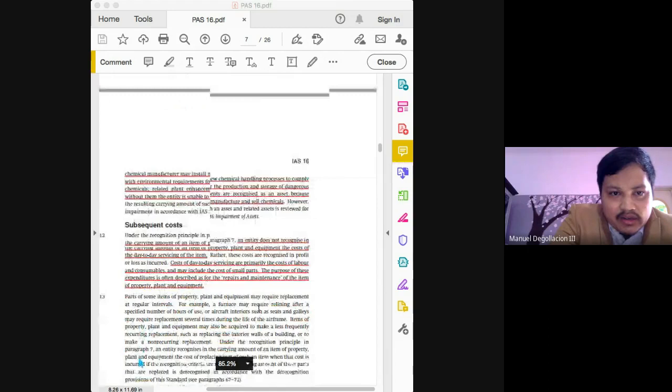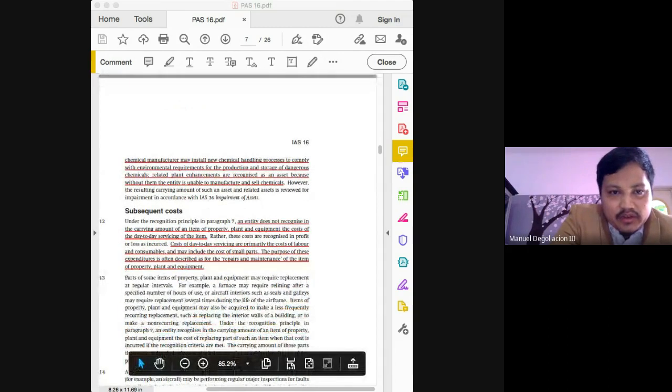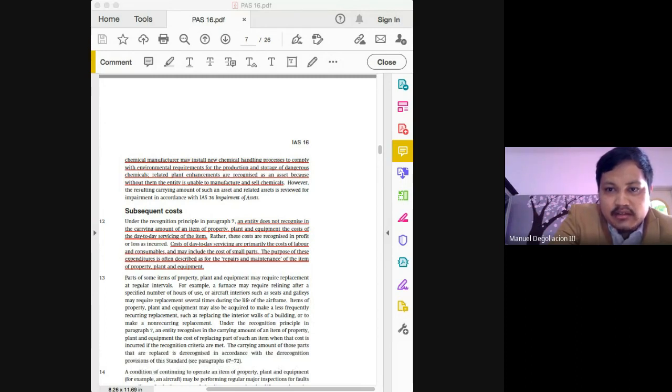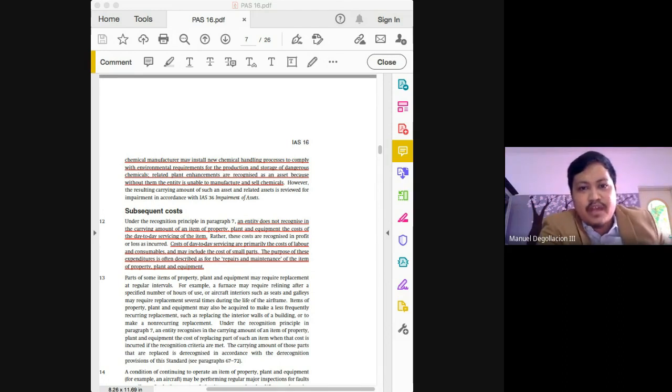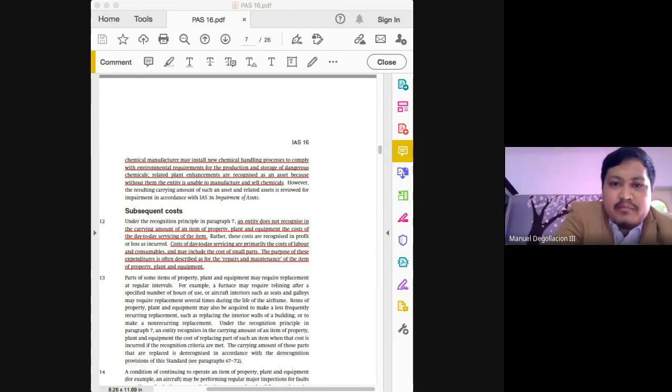Okay, we've touched already on the rule for subsequent costs. An entity does not recognize in the carrying amount of an item of property, plant, and equipment the costs of day-to-day servicing of the item. Okay, again, the provisions here that are being underlined, class, are again important things to note as they are commonly asked as a true or false question.